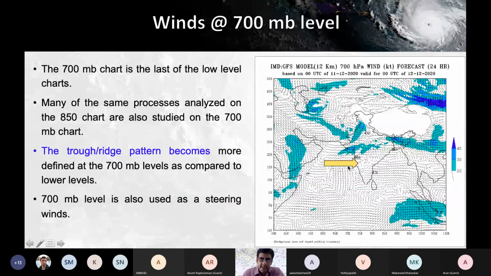This clearly tells me that the cloud bands are going to get pushed inland, not in the west direction but southwesterly, because it's a southwesterly wind pattern at 700 millibar. So I usually use 700 millibar as a steering pattern, to see where the cloud bands that form will steer.